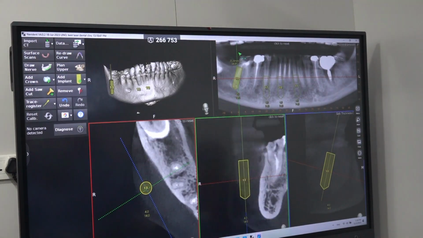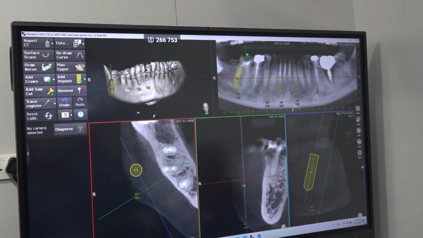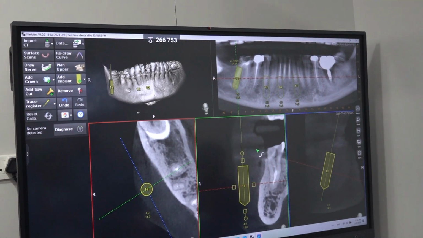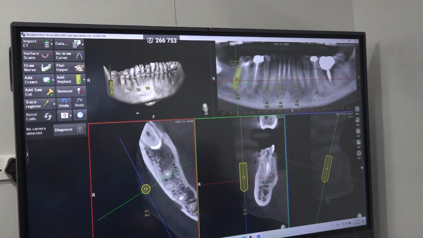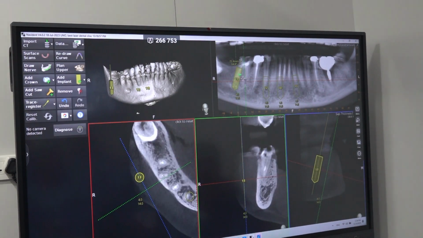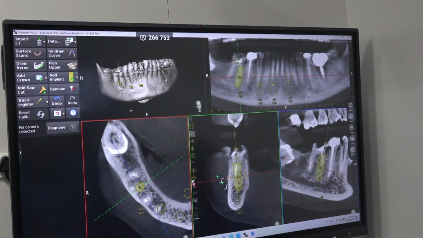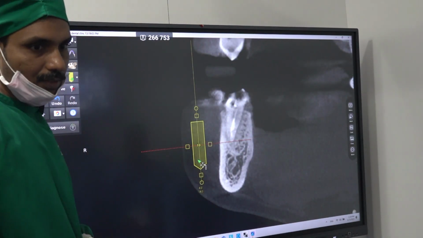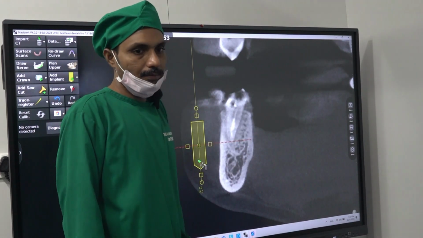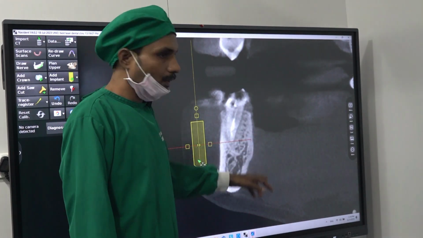Now I am seeing the mesial root. This is the mesial root of 6. Now see the anatomy. Where is the mylohyoid ridge?